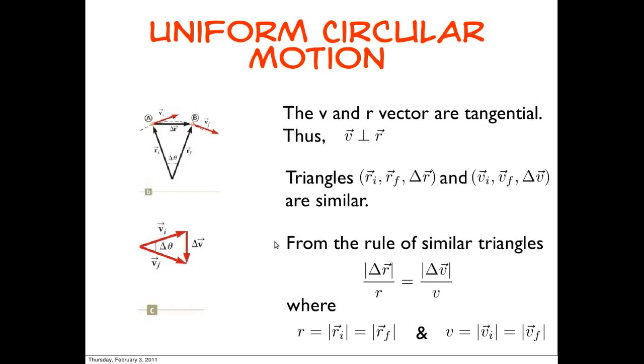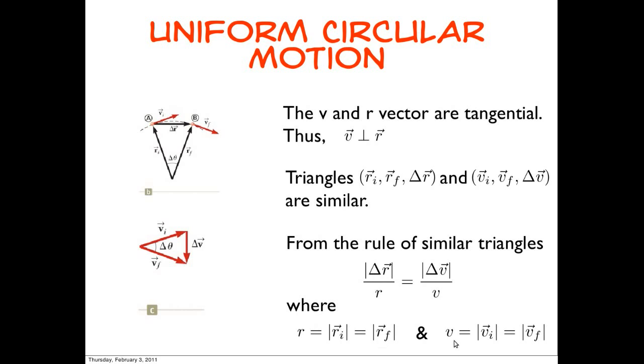So from the rules for similar triangles, this tells us that the ratio of the sides are the same. So delta r over r is equal to delta v over v, where here I've adopted a notation that r is equal to the magnitude of the initial position vector, which is equal to the magnitude of the final position vector.